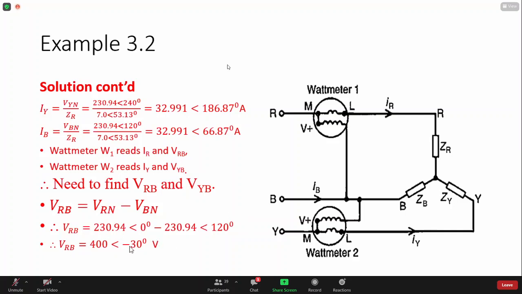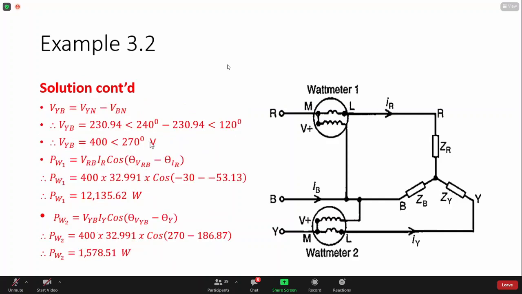And minus 30 is also 330, right? From the positive side. Okay, Mr. Powell. All right.